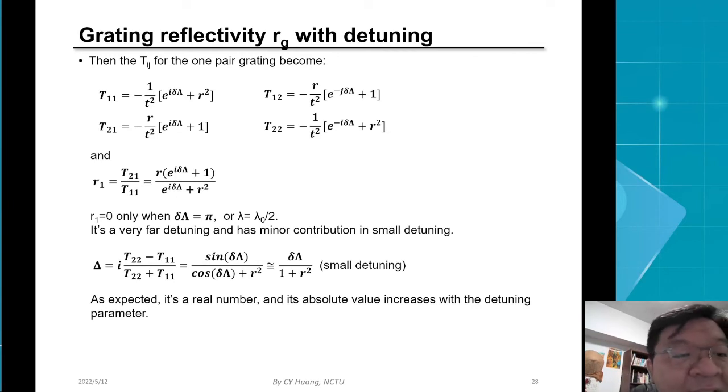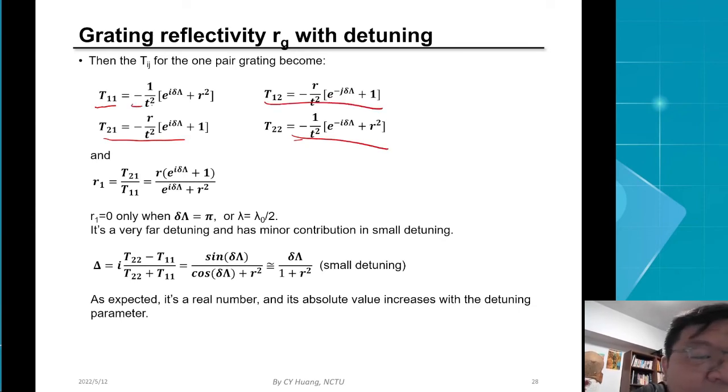For the case of one pair, T11 becomes 1 over t squared with exponential i delta lambda plus r squared. You can see that we have four elements everywhere.